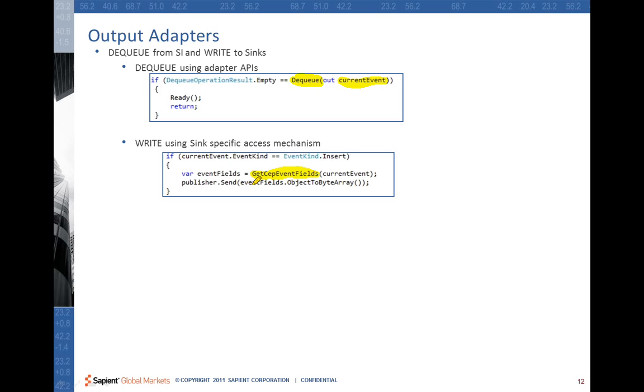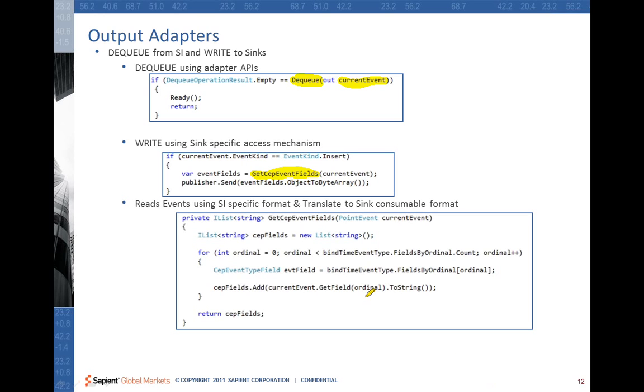If you look at get CEP fields, what it does is read from the StreamInsight specific format and add the values as a list of strings so that they can be consumed by the target application. The target application in this case does not understand the CEP type, but it does understand a list of strings, and by ordinal position, it gets to know what kind of data is coming in.